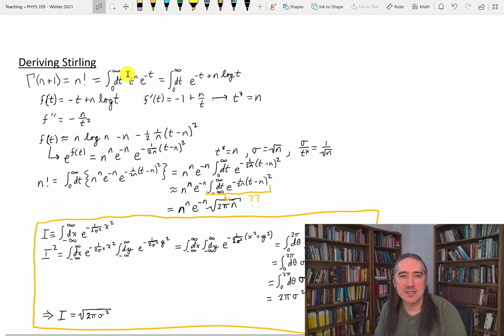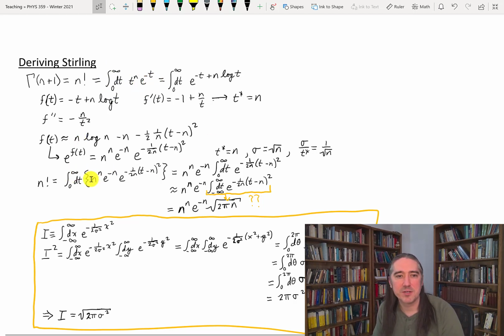So this is the integral of t to the n e to the minus t dt. That's probably how you saw it written in your intro to calculus courses. This means the same thing. And if I tried to write it the other way, I guarantee I would do it differently all the time and it would be more confusing.